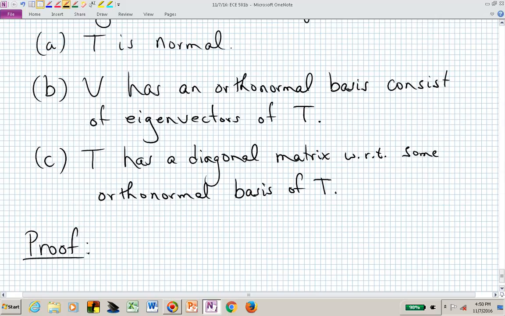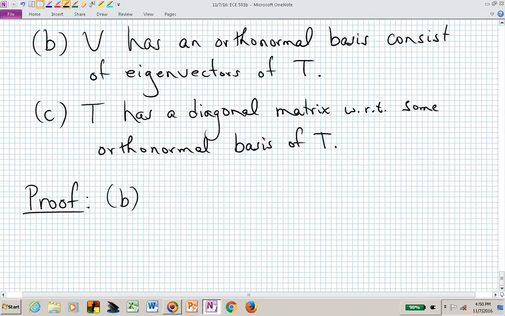Or we could show A if and only if B, B if and only if C, and we'd be done. But the textbook actually says that if we go back to chapter 5, we already have a way of showing the equivalence of B and C.